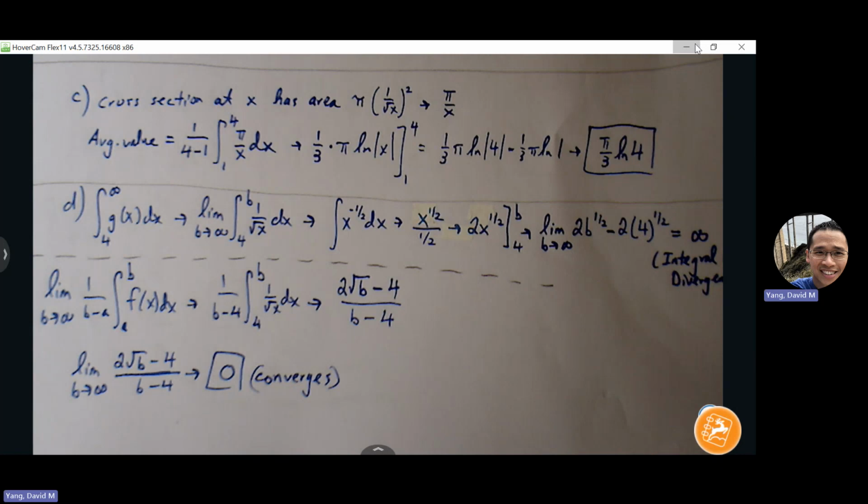Calculator question. For the volume of a solid revolved around x, can I just put a decimal answer or do I have to leave the pi? I like to leave the pi, but if they don't specify, then decimal is fine.